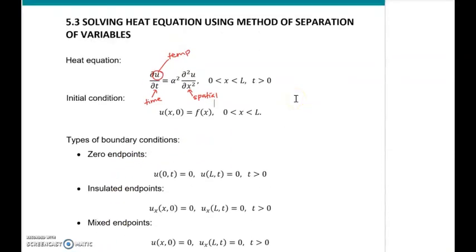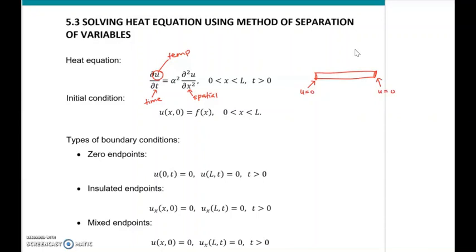So, back to the heat equation. In terms of a diagram, we can imagine we have a rod. The first case is zero endpoints, so at the left and right endpoints, the temperature value is 0.